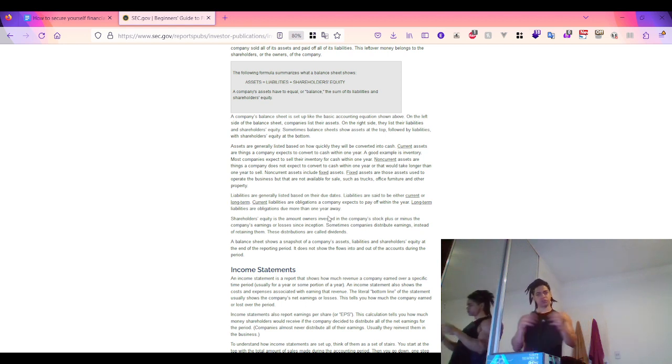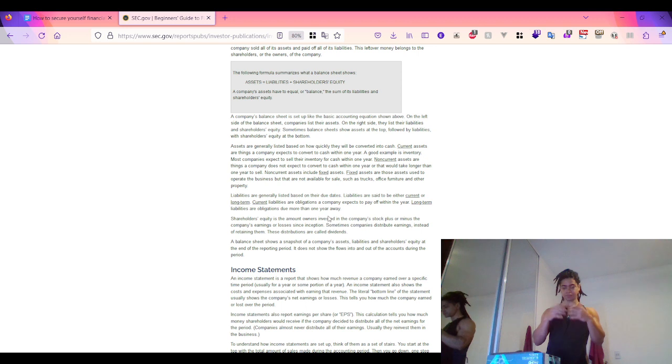The most common examples are issuing equity, for example, a company selling shares in an IPO, initial public offering.